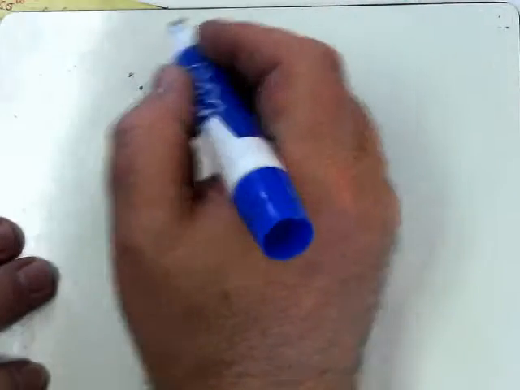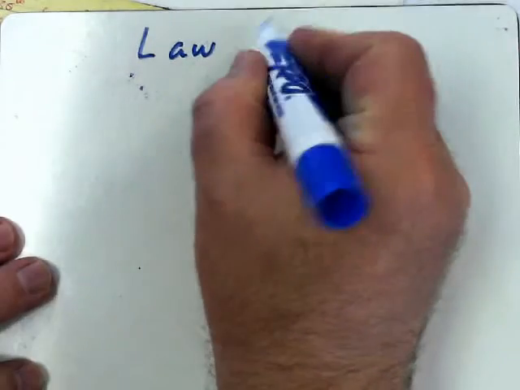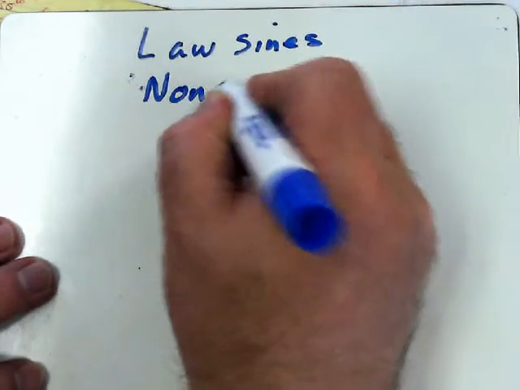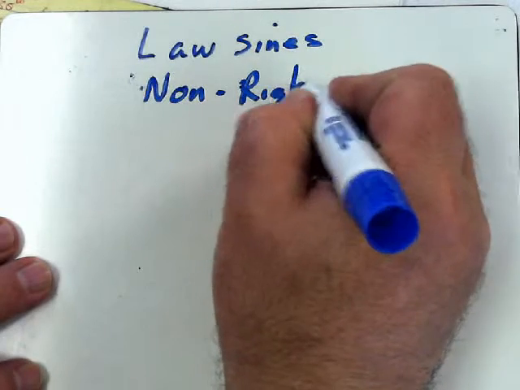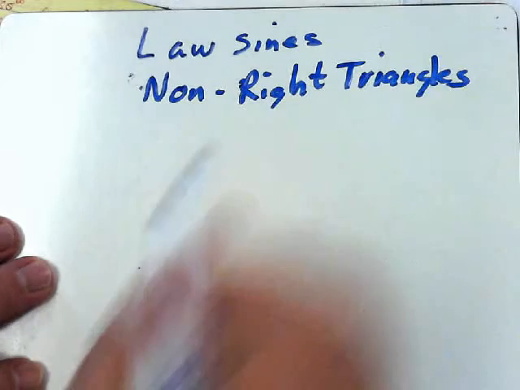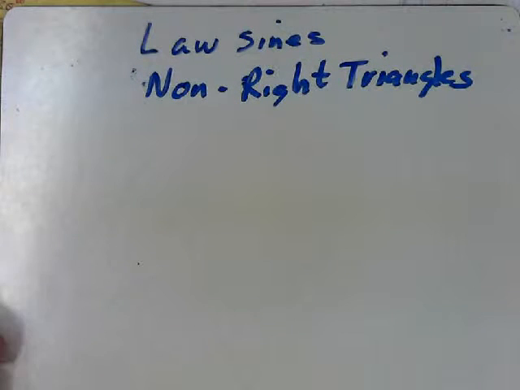There's a couple of things that can happen when you are working with non-right triangles. What do we mean by non-right? It does not have a right angle in it.